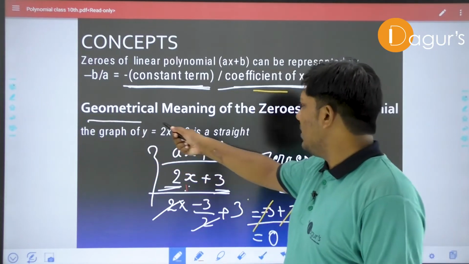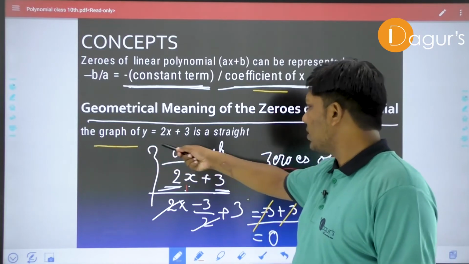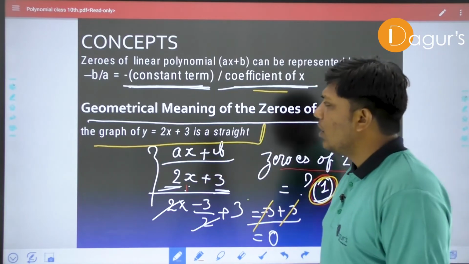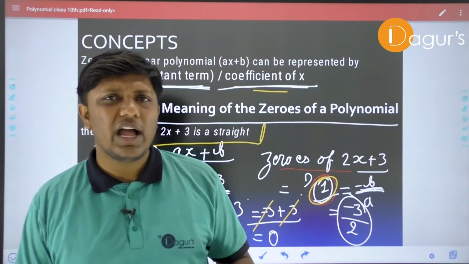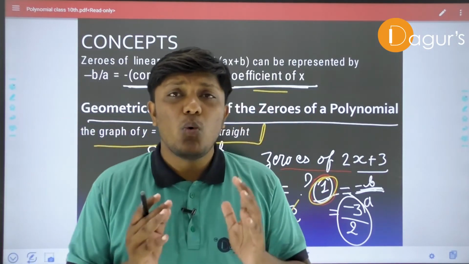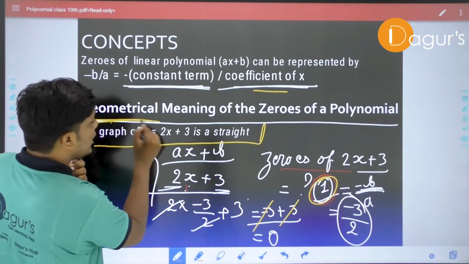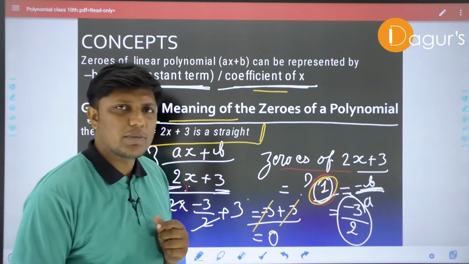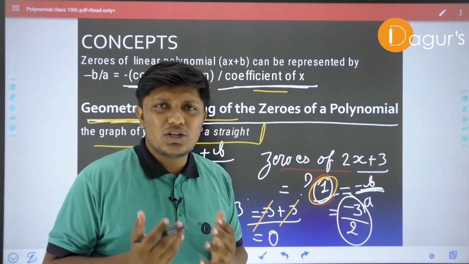We have the geometrical meaning of the zeros of the polynomial. The graph of y equals 2x plus 3 is a straight line. Here I am going to explain what the geometrical meaning of the zeros of a polynomial is.